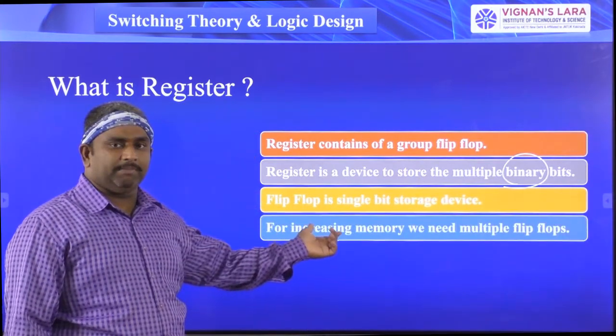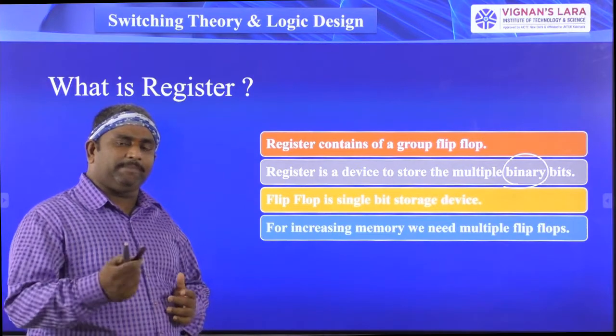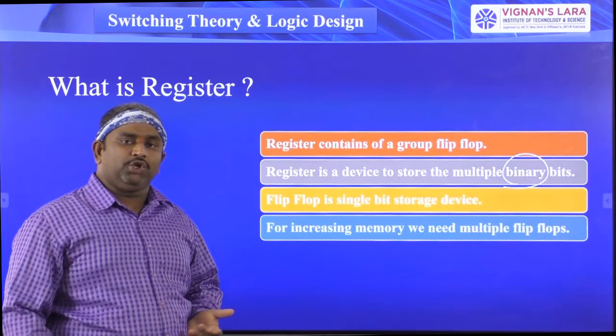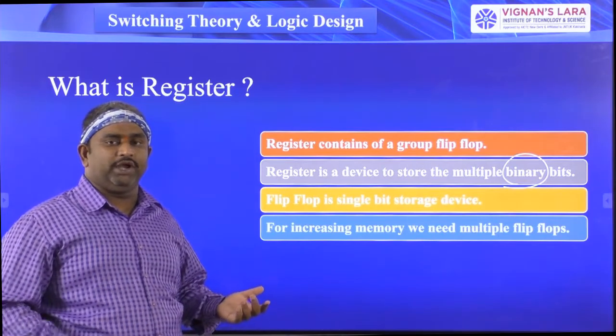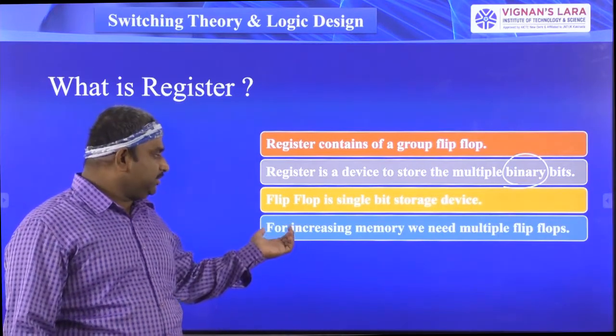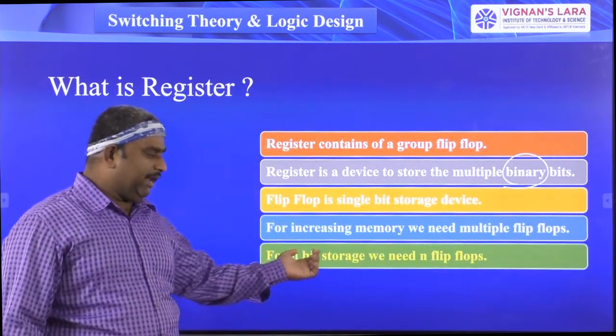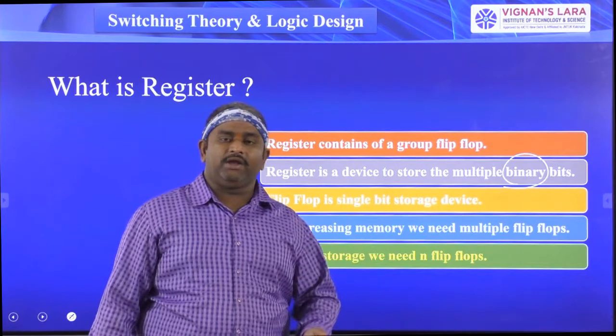In a flip-flop we can place only one bit of data. For example, if you want to store 1000 bits of data, you need nearly 1000 flip-flops. So for increasing memory, we need multiple flip-flops. For n bit storage, we need n flip-flops.